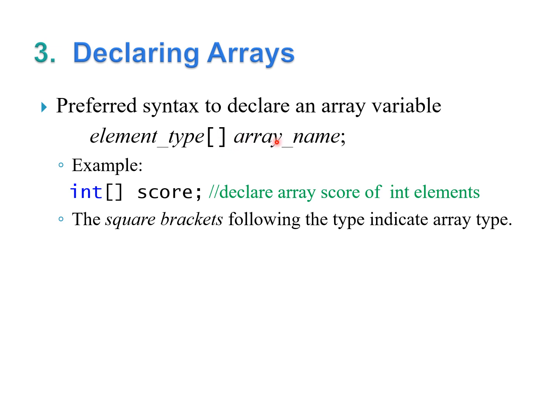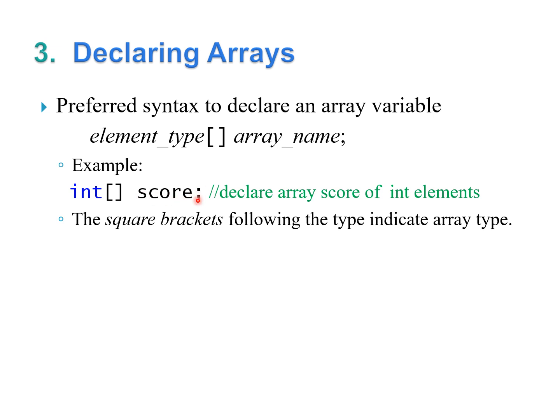The element type is the type of every element in the array, which can be any type. For example, to declare array score whose elements are of type int, we write int left square bracket, then right square bracket, then at least one space, and then score, then semicolon.